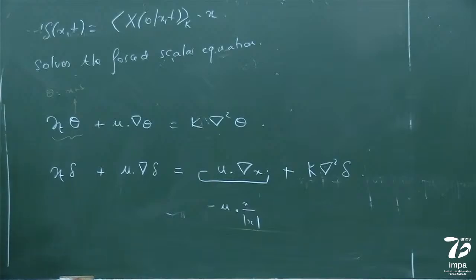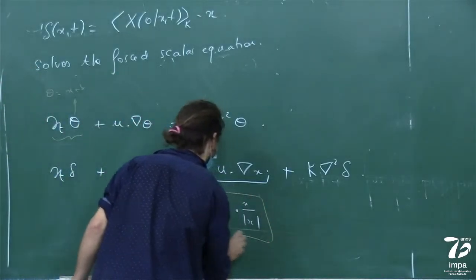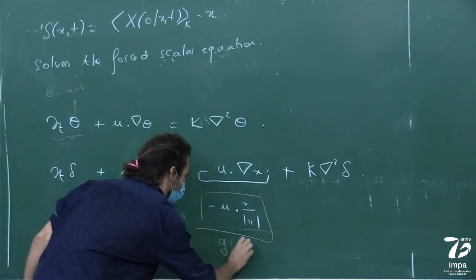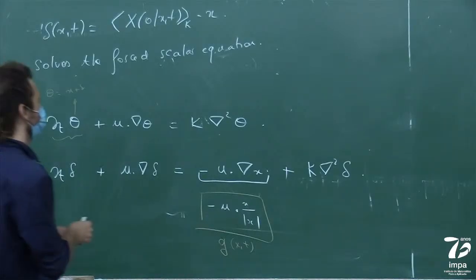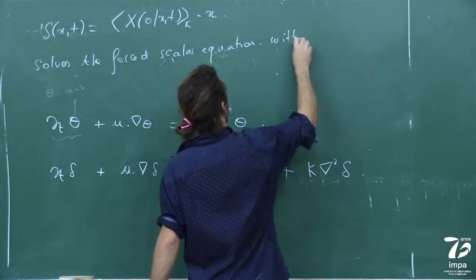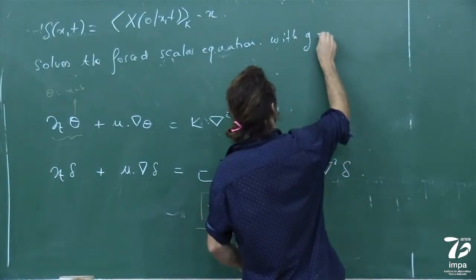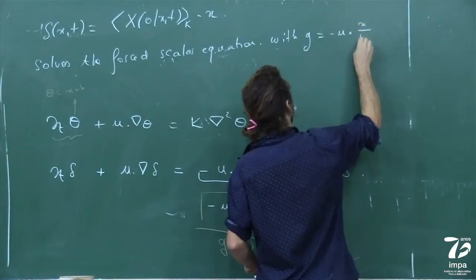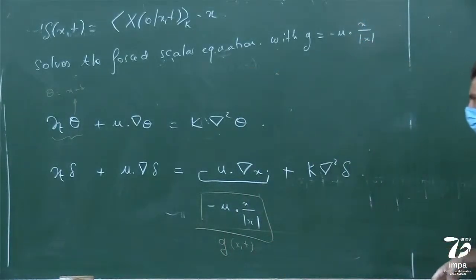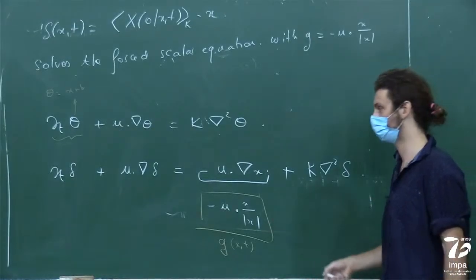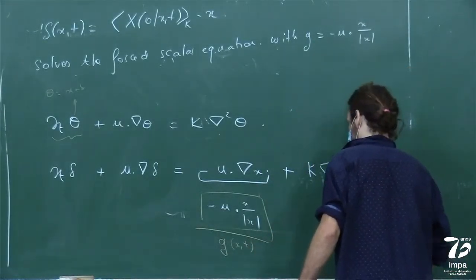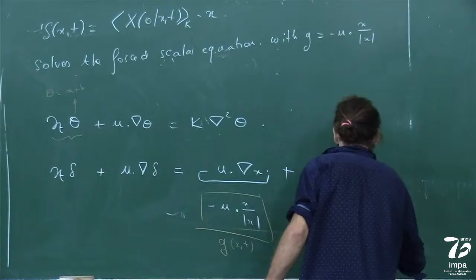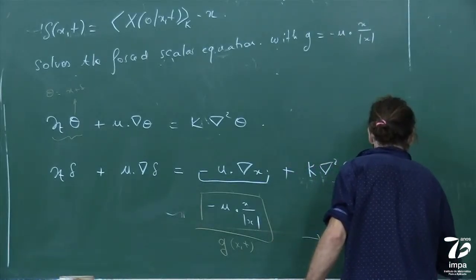There is just x, it doesn't pick up anything. So this can be seen as a force term, g of x and t, with g equal minus u. This is exactly the situation of a scalar with gradient forcing.